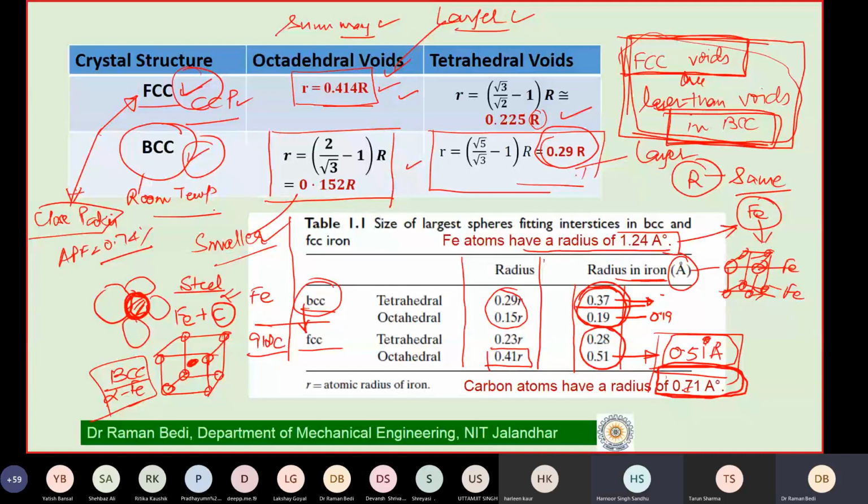So whatever carbon atoms were there, they were either going into the interstitial, or they were just available outside. Carbon was available as carbon. It was not soluble in iron. So there are two possibilities. You can put carbon into iron, it will be soluble in iron, and some compound will be formed.